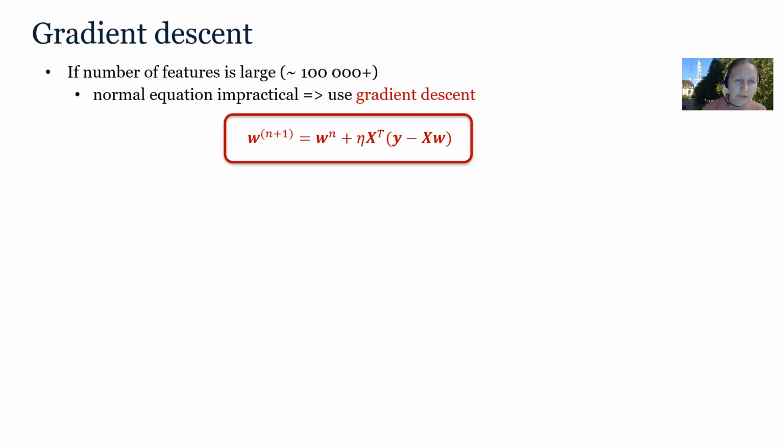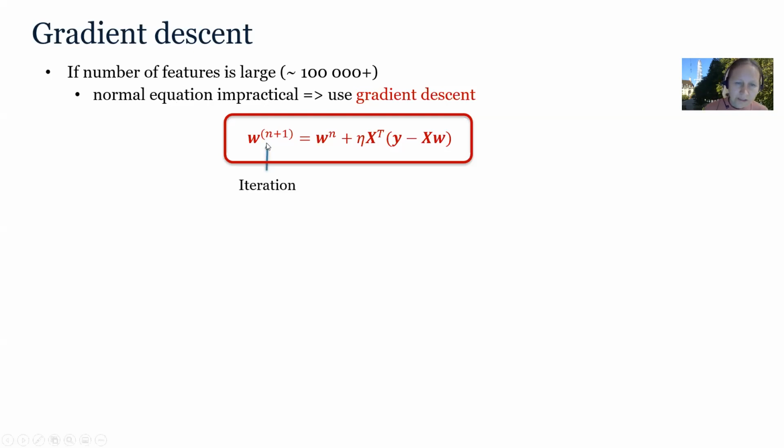If the number of features is large, for example, 100,000 features, the normal equation is impractical because we have to invert a very large matrix. So instead, we can use gradient descent. Gradient descent is an iterative method. So we always have to start with some estimate of our solution, which is the weight vector W, and update this estimate.